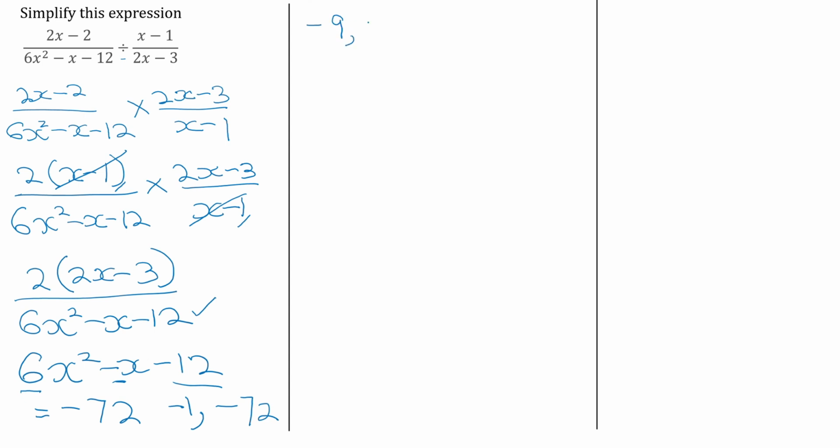In this case, your numbers are going to be -9 and 8. So you pick your quadratic expression as 6x squared minus x minus 12. You rewrite it as follows. You have 6x squared minus 9x plus 8x minus 12.